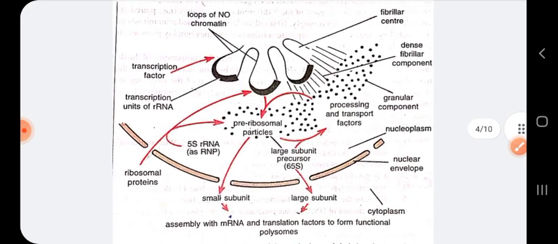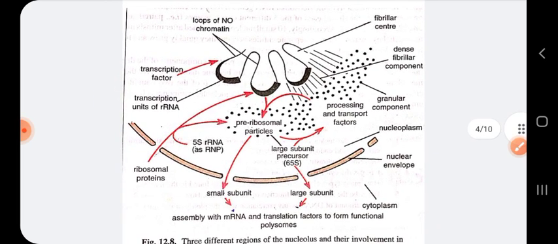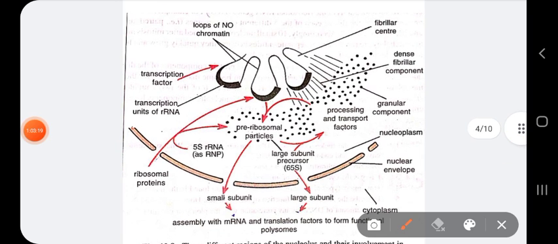If I zoom it out, here you can see these are the pre-ribosomal particles which are being assembled. So this actually takes place within the fibrillar center.